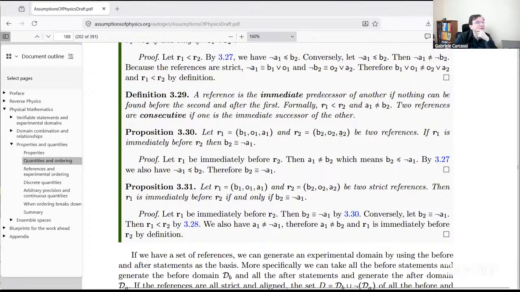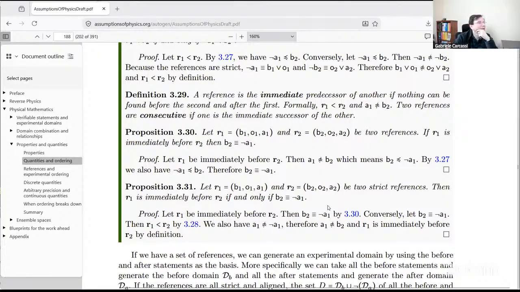If you have two references and R1 is immediately before, so it's the immediate predecessor, then saying that something is before the second is saying that it's not after the first. Because the first is before the second, and we're not saying that they overlap here. Sorry, I got confused there because of the not A1.